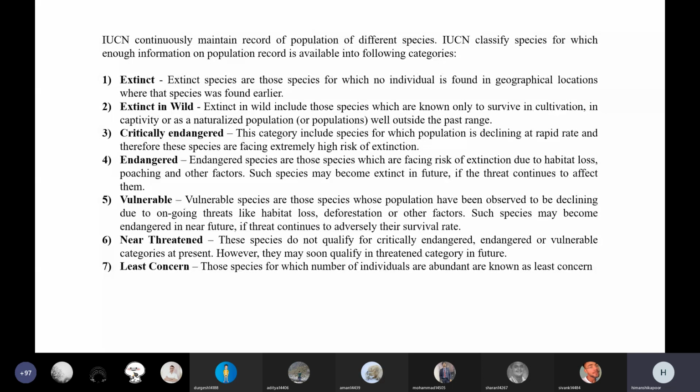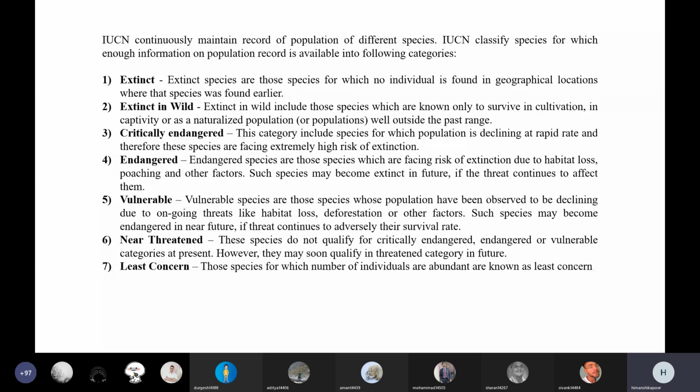Then we come to critically endangered. Critically endangered, the population is declining rapidly, and if we do not check it, then it will become extinct. The next one after critically endangered is the endangered category. These species are facing the risk of extinction, but the risk is not as high as critically endangered.